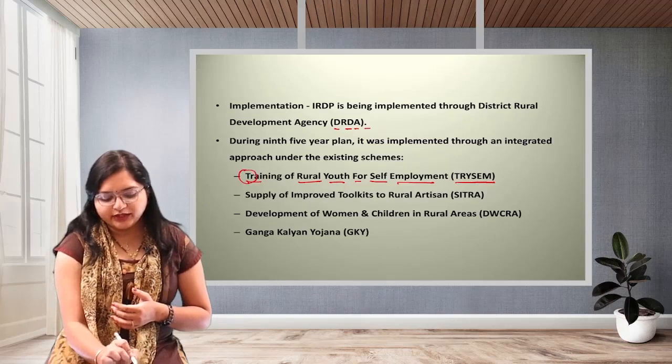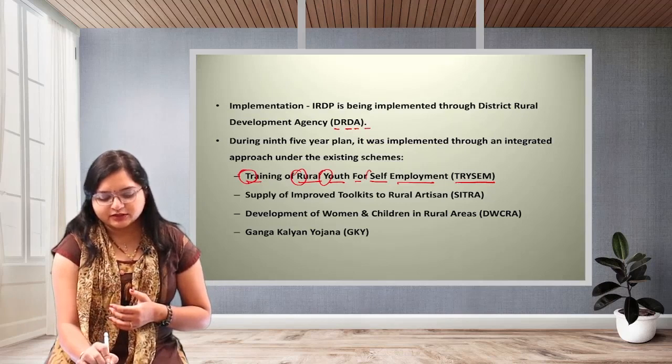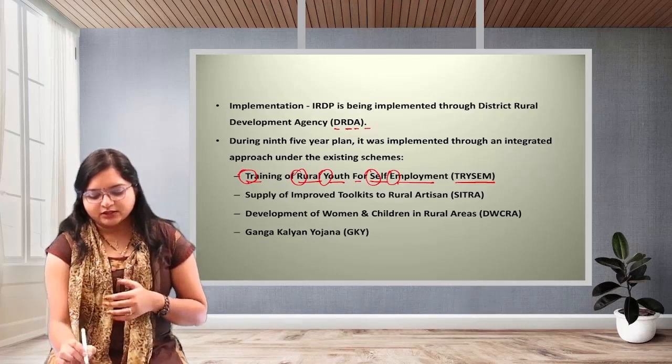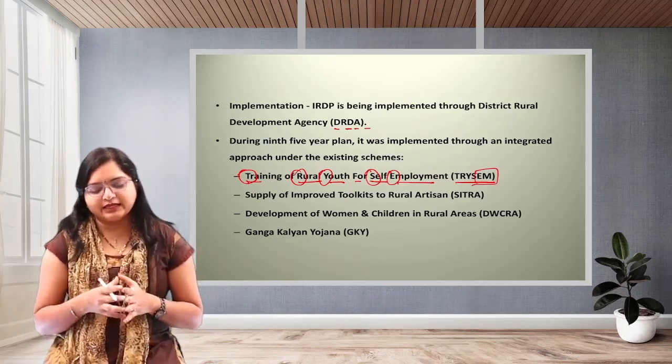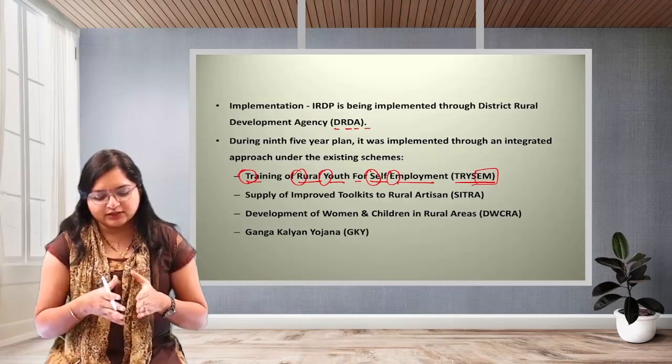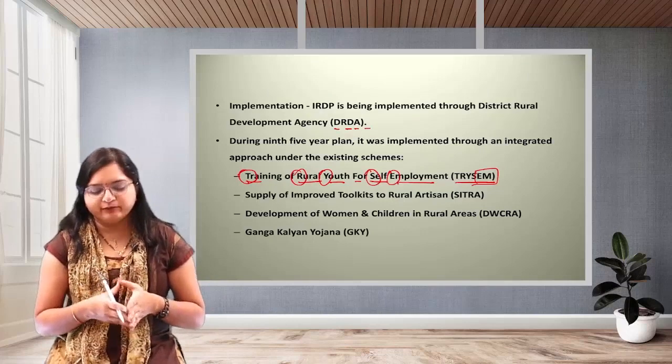T is for training, R is for rural, Y is for youth, S is for self, EM is for employment. So this is TRYSEM, the existing scheme, training of rural youth for self-employment.